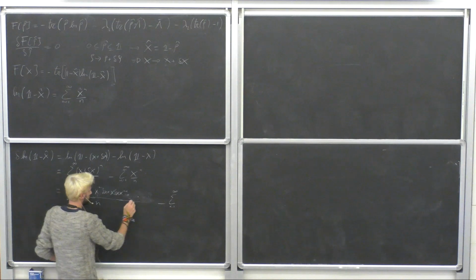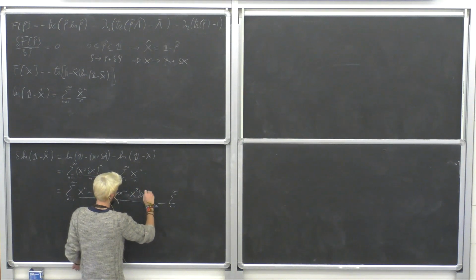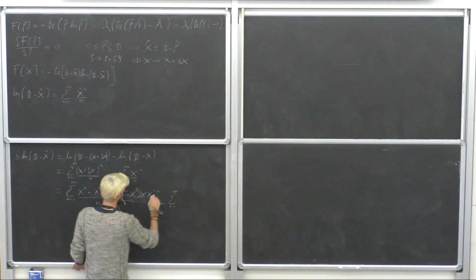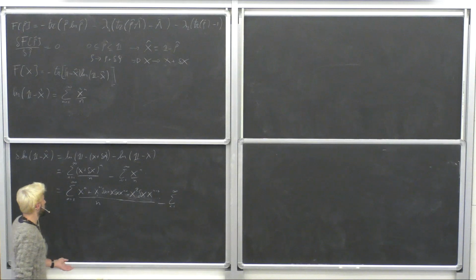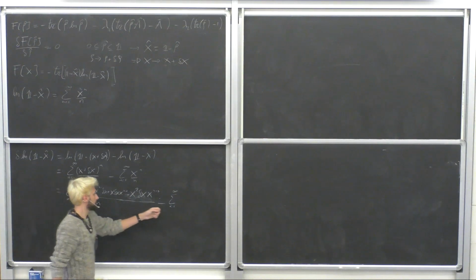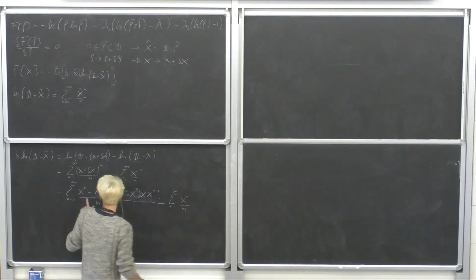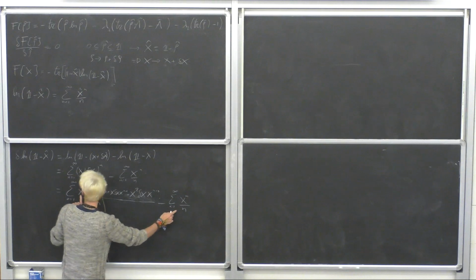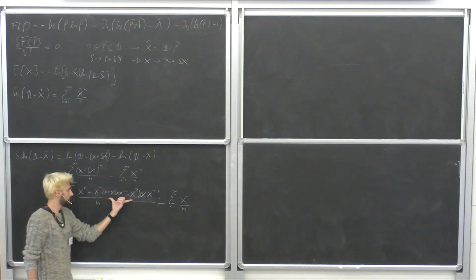Okay, let's write it somewhere. Then this term and this term cancel out, so the variation of this logarithm will be just this part here.